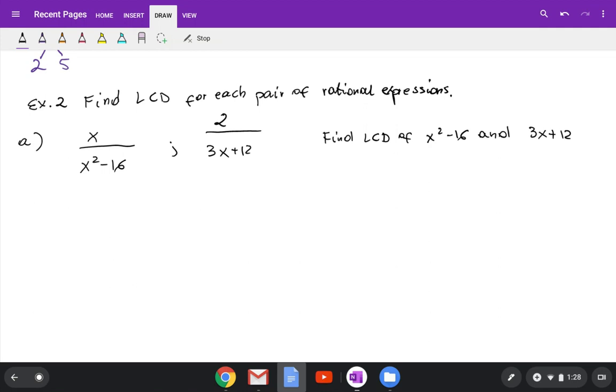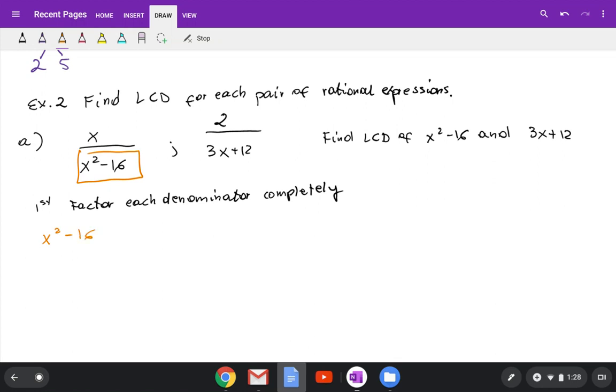Again, first, factor, remember about this, factor each denominator completely. So let's take that x squared minus 16. How can you factor that?